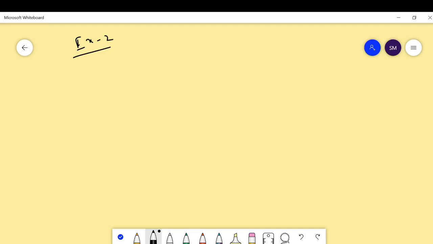Find the total surface area of the cone whose slanting height is 9 meter and radius of its base is 12 meter. Here we have to find out the total surface area of the given cone.